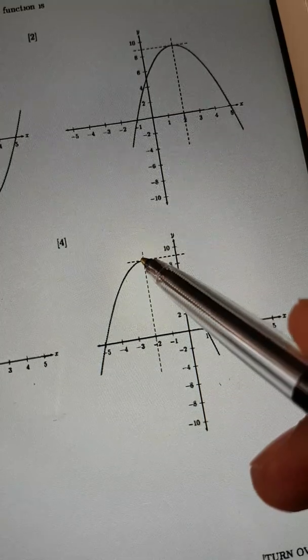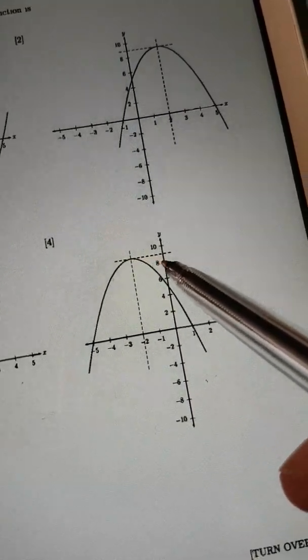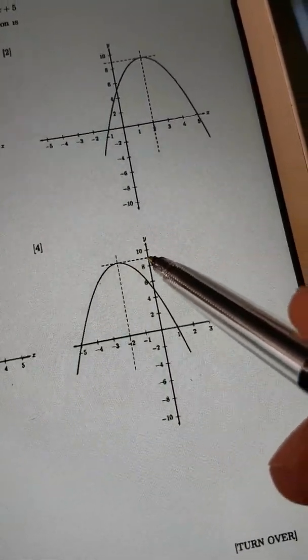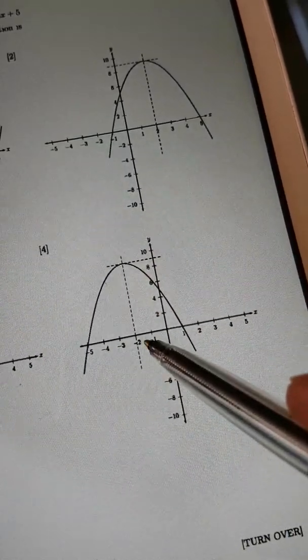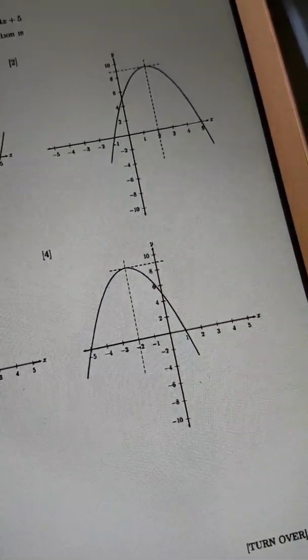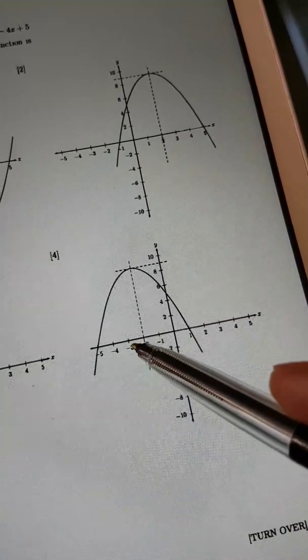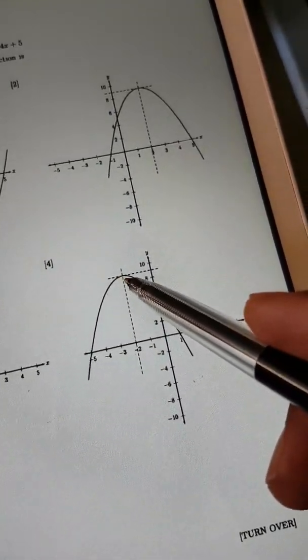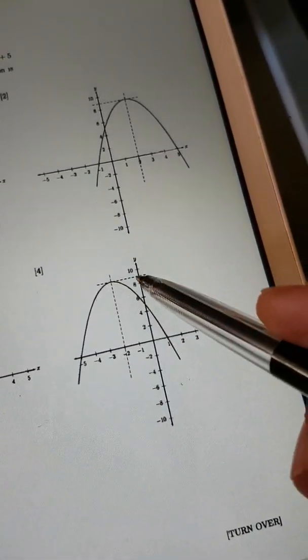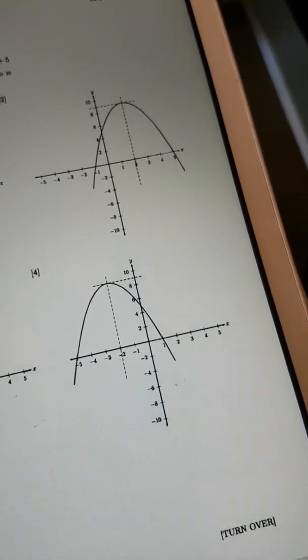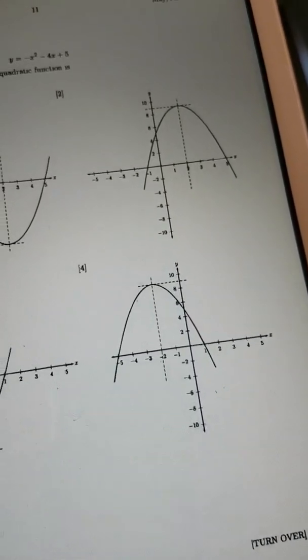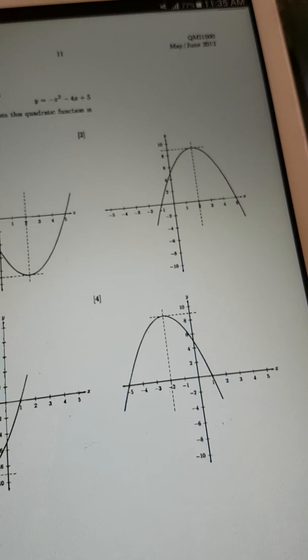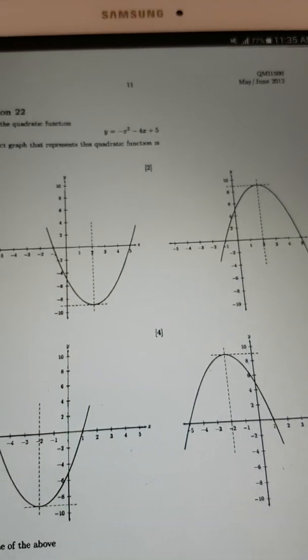You see where it's turning? And y is at 9 because it's 8, 10, so it means in the middle, it's 9. So at turning point, along the x-axis, x is at negative 2, and along the y-axis, y is at 9. So graph number 4 is correct. But anyway, let's proceed with this information.